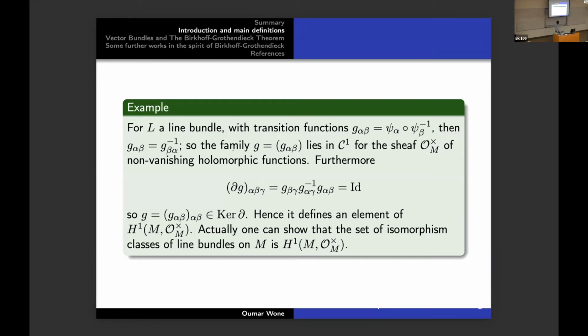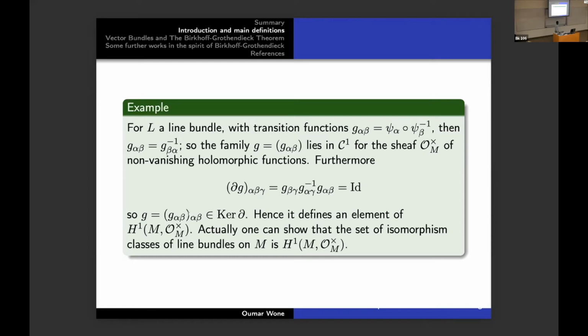So the family g equals (g_alphabeta) lies in C^1 for the sheaf O_M^* of non-vanishing holomorphic functions. Furthermore, we have nabla of g_alphabeta equals this formula, and it is the identity.